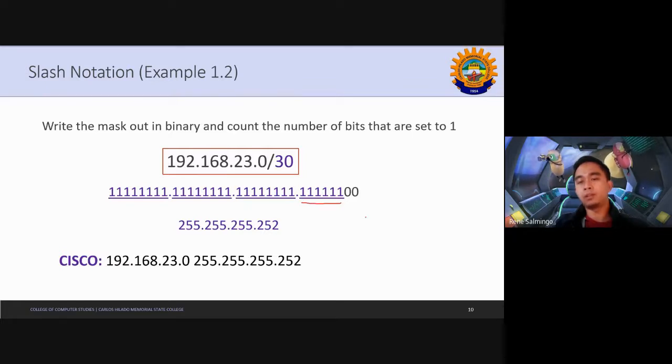In this case, how many subnets will you have? You raise 2 to n, and the value is 2 to the 6. These are the number of ones. And 2 to the 6 is, what is the answer?